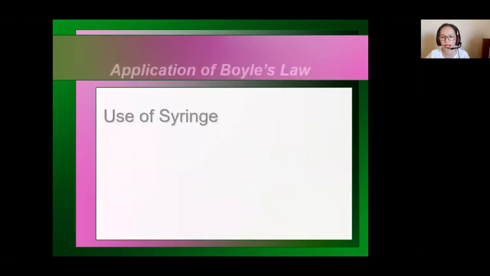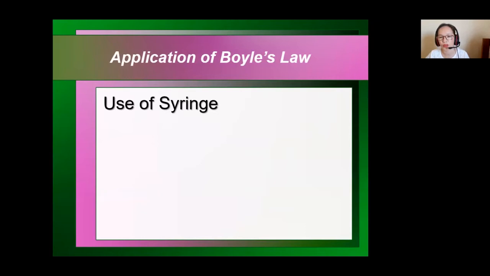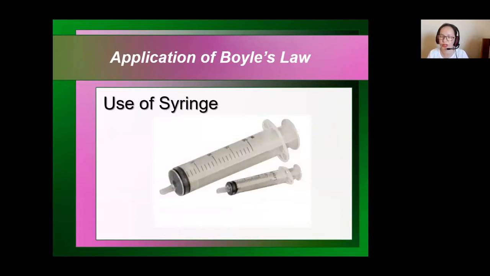And when can we observe this inverse relationship? With the use of a syringe, I understand that you are very familiar with a syringe. When you make use of this, you will observe that pressure is really inversely proportional to volume.